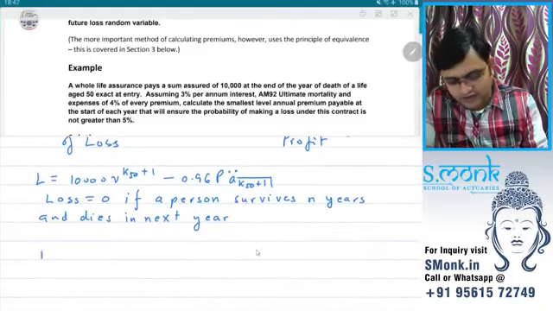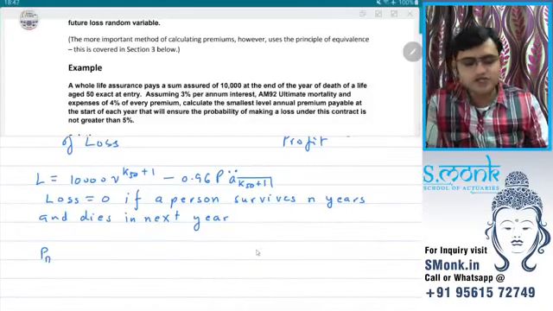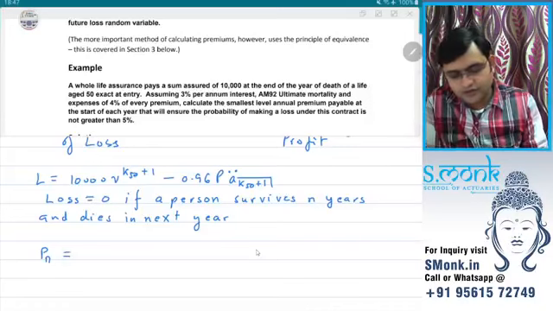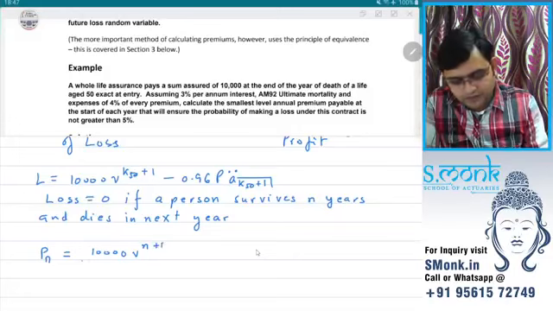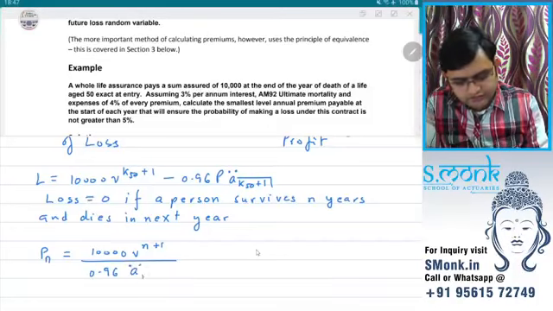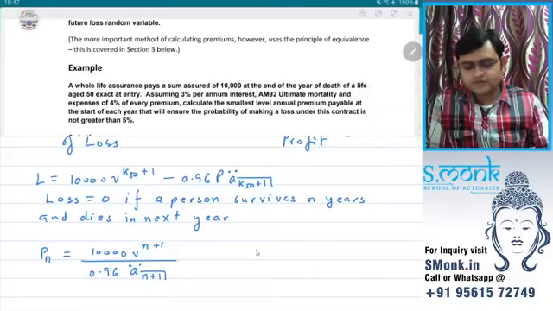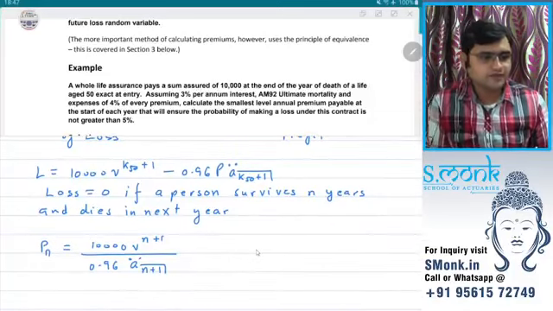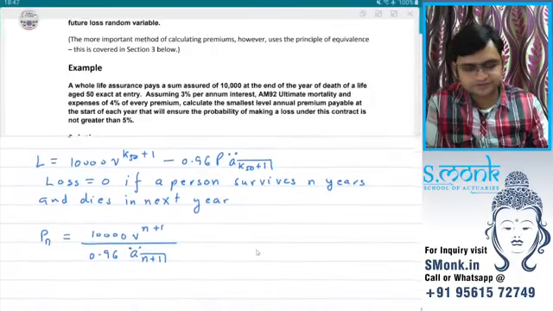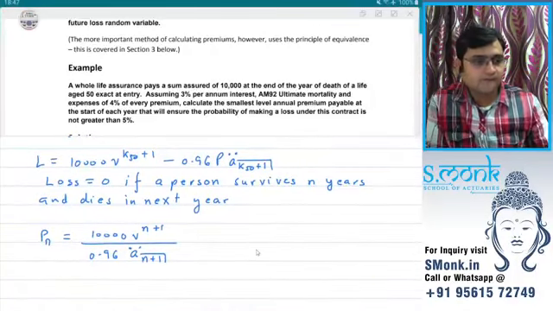We'll say the premium that we'll charge, Pn, would be equal to 10,000 V raised to K50, that 50 will now become n plus 1, upon 0.96 A due n plus 1. So we will be charging Pn premium at that point when losses are going to be 0, and this is the amount of premium that we will be charging.